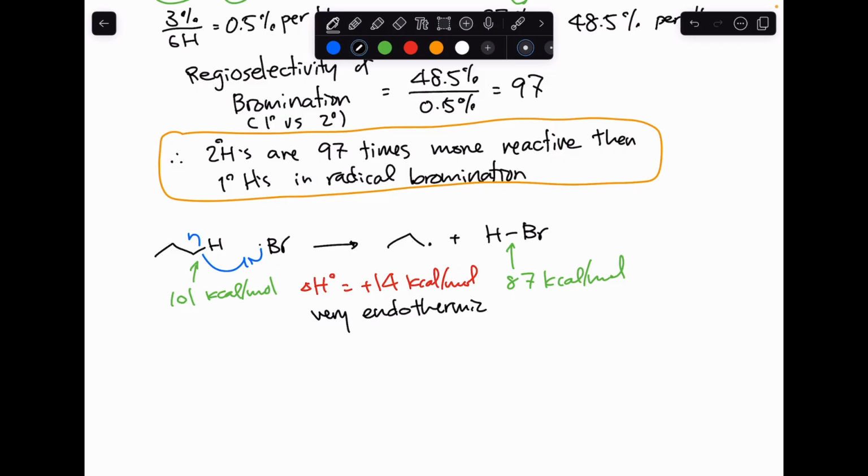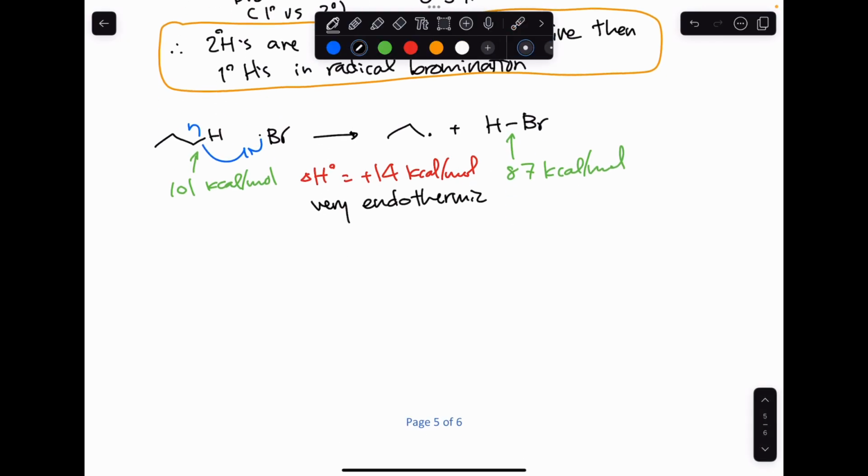It's basically an uphill battle here, right? In other words, this is more stable really than that radical. It's not surprising because bromine atom is much bigger. Okay, and then for the secondary, what's the situation here?